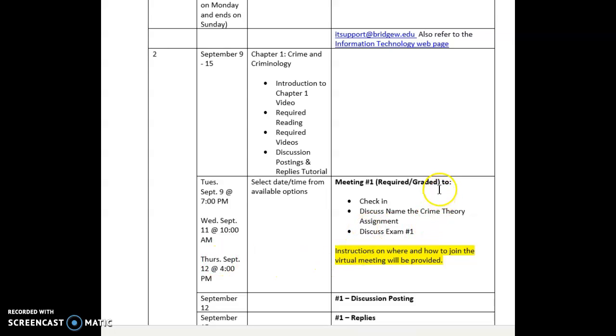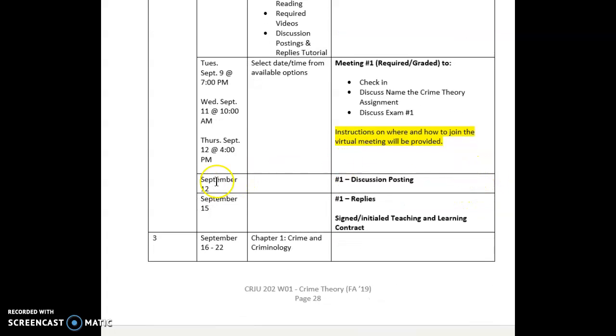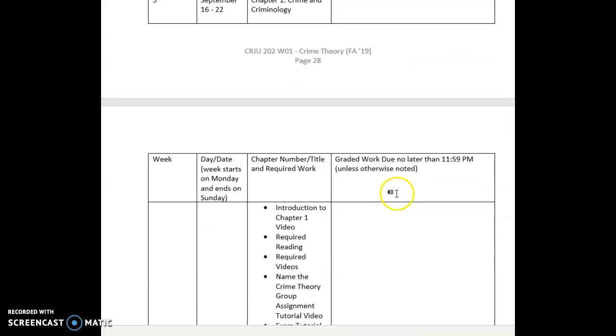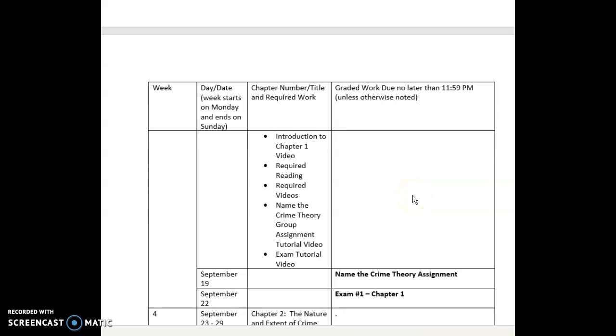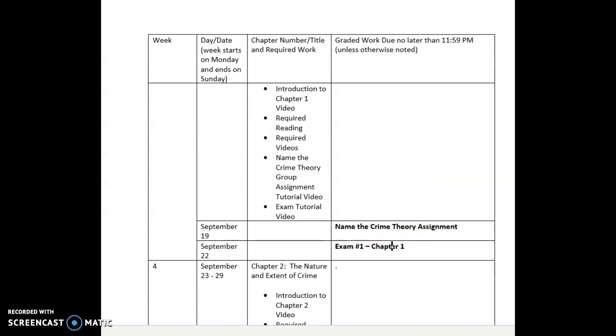You'll get instructions of how to log on and to join us for that meeting. Then you'll see each class each week there are generally 2 assignments which are due. Your first exam will be due on September 22nd. So carefully review this. Let me know if you have questions, and let's begin.